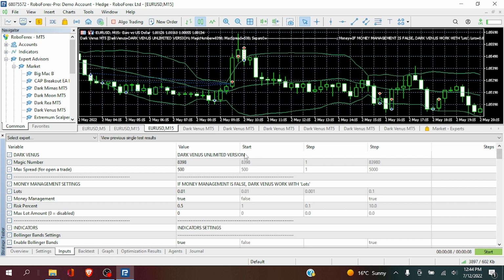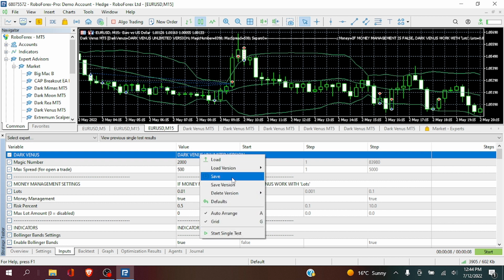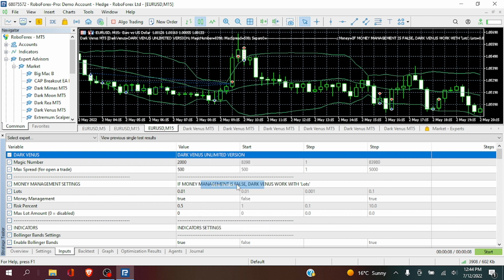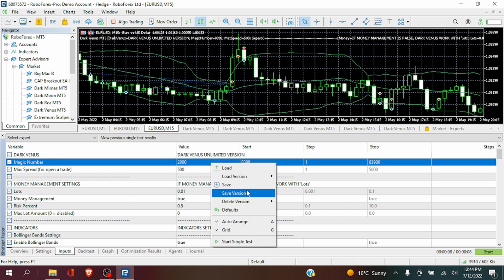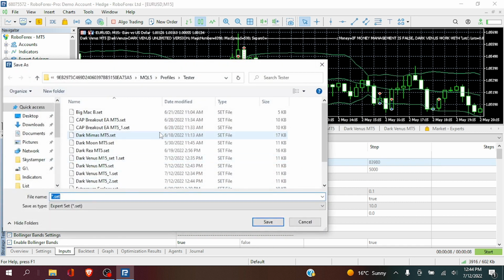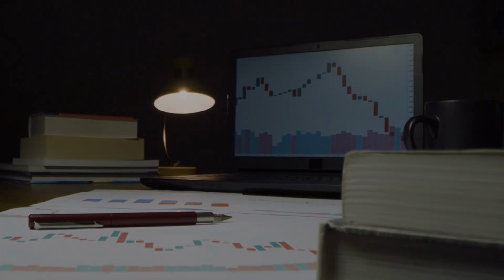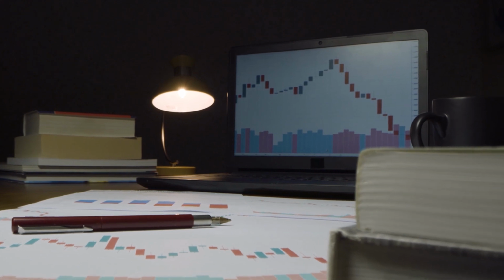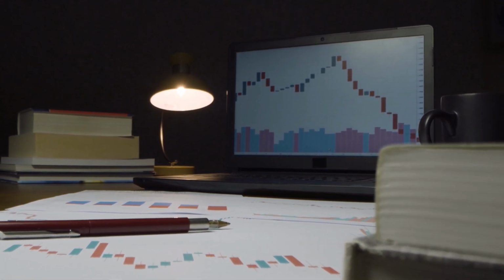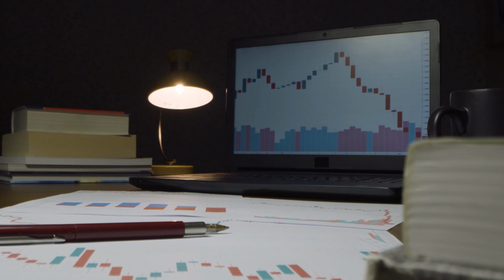Now remember, when saving another version of the Dark Venus, to use a different magic number. So we're going to save this as Dark Venus set 2. Now by doing this, you can create your own set files for any expert advisor.